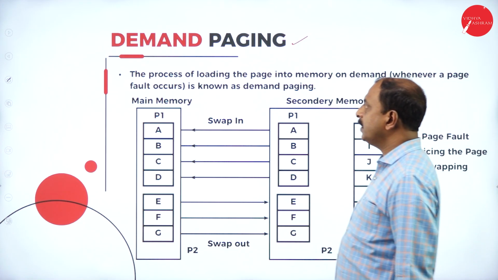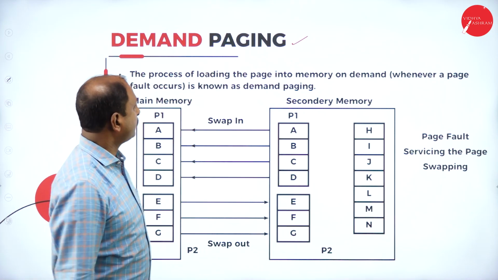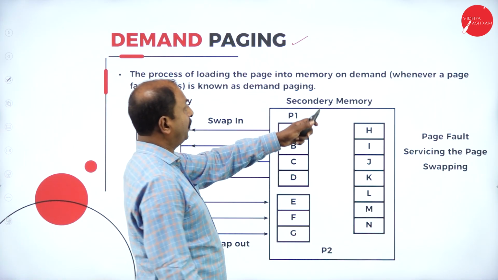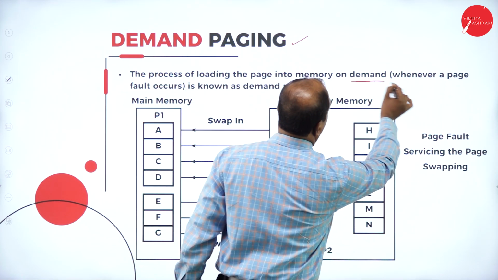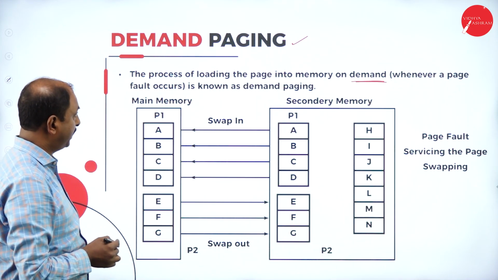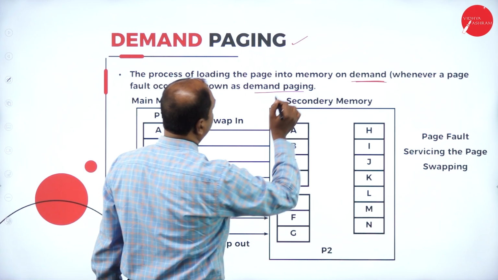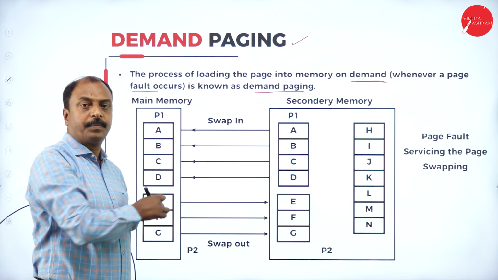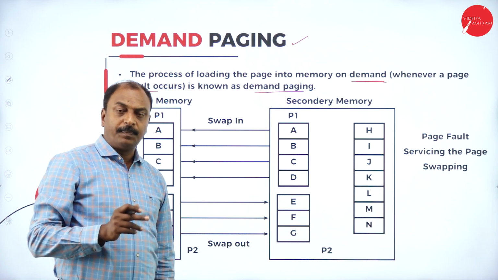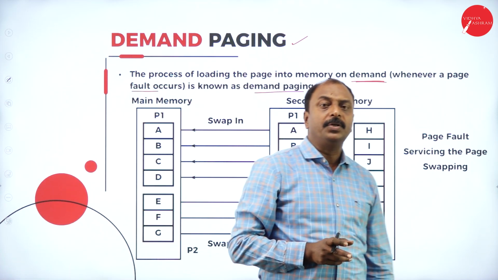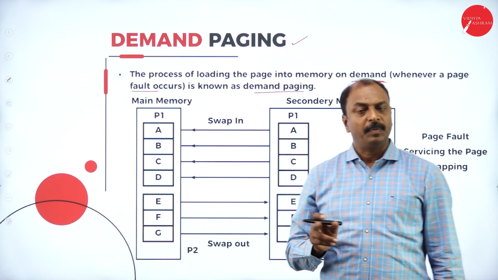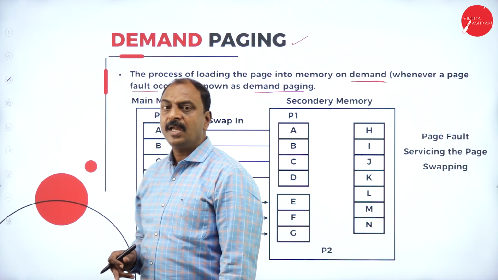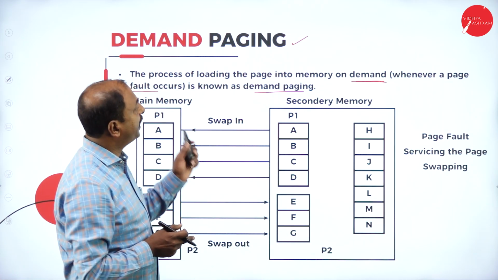What is demand paging? The definition is the process of loading the page into memory on demand, meaning whenever a page fault occurs. So what is the meaning of page fault? As I told you in my previous slide, whenever the CPU looks for a particular page in the main memory, if that particular page is not available in the main memory, it is called a page fault.